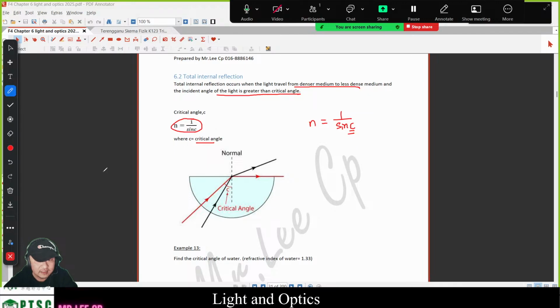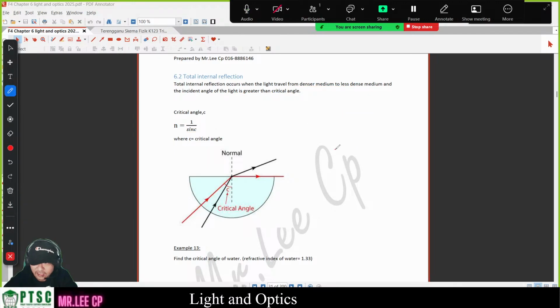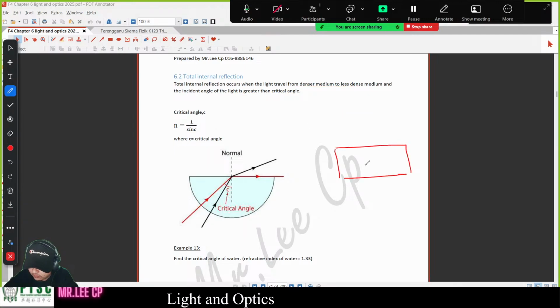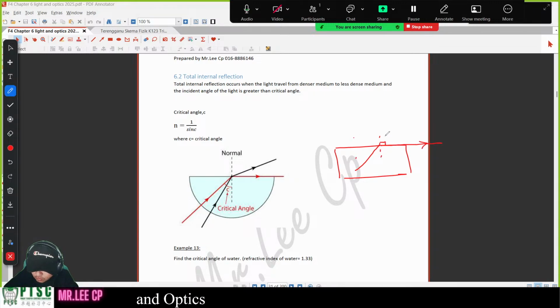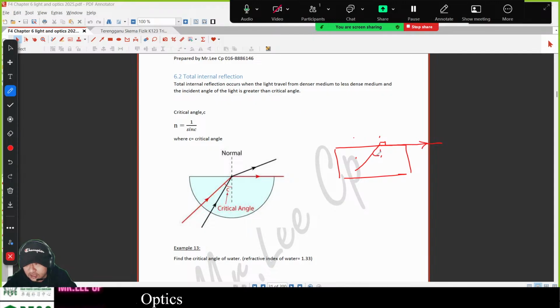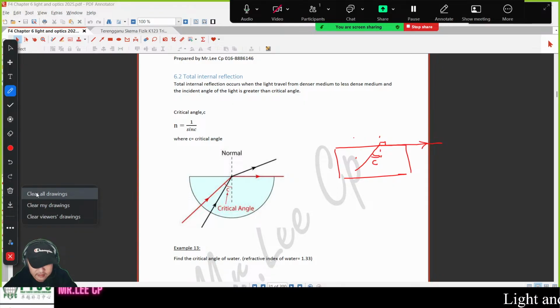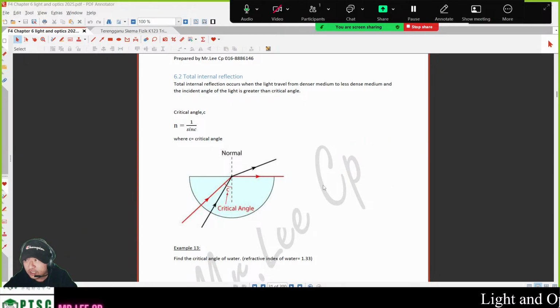The critical angle is the angle such that if the light travels from denser to less dense, it will go 90 degrees to the normal. This angle is called the critical angle. If it is more than the critical angle, total internal reflection is going to occur.